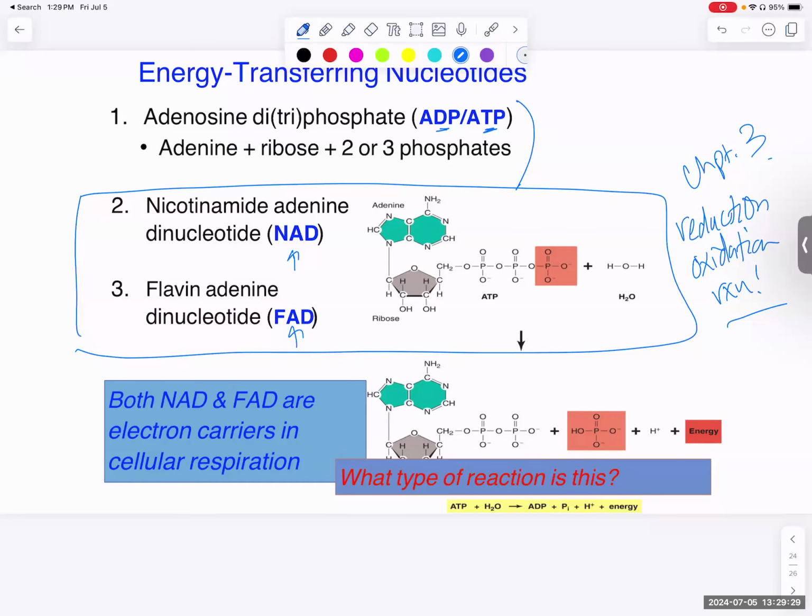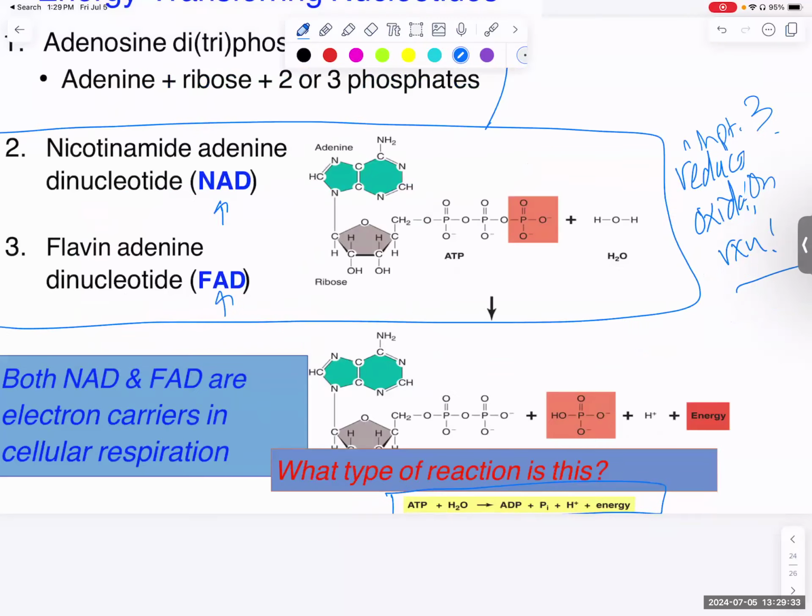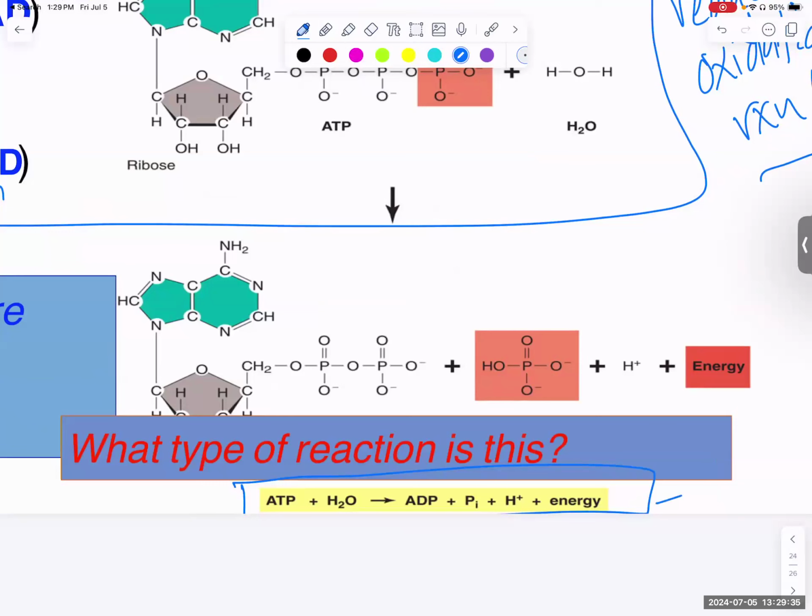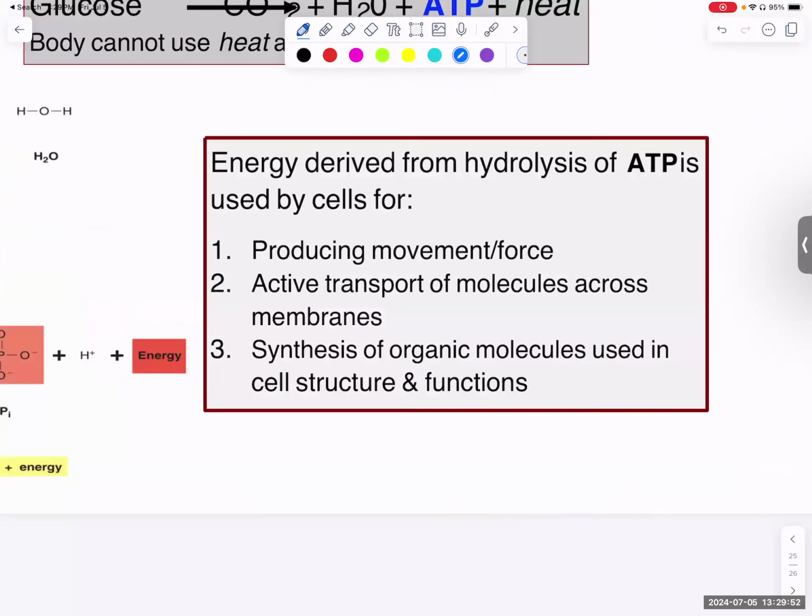So again, when we're looking at, say, this right here, what type of reaction is it? It's a phosphate, right? So you're adding a phosphate, so you're phosphorylating. I probably spelled that wrong.